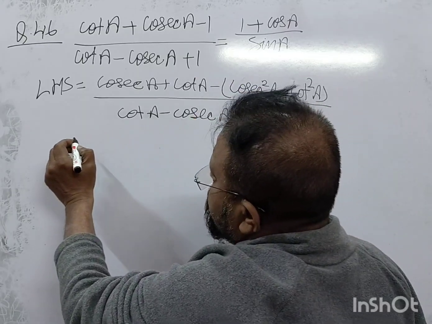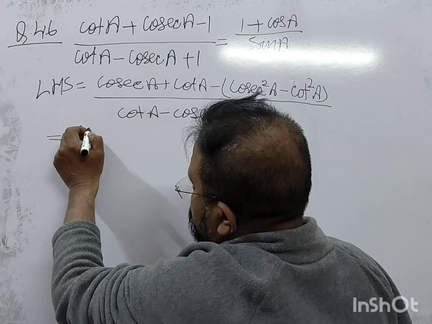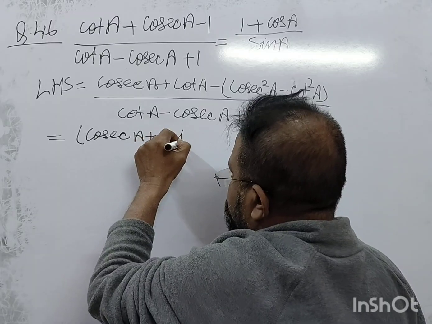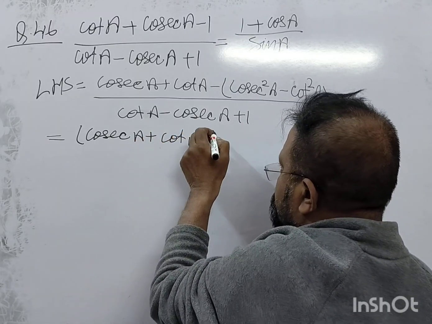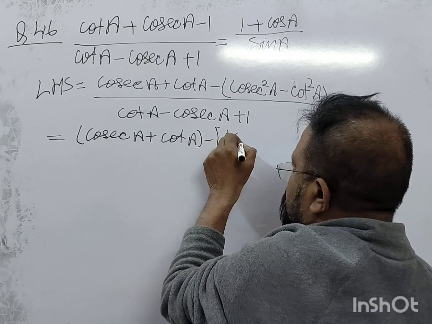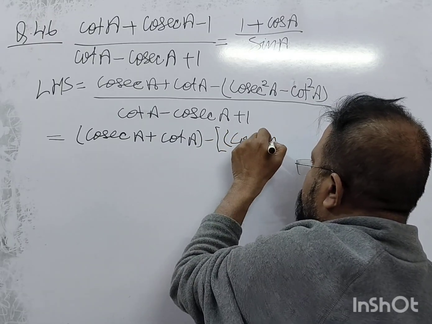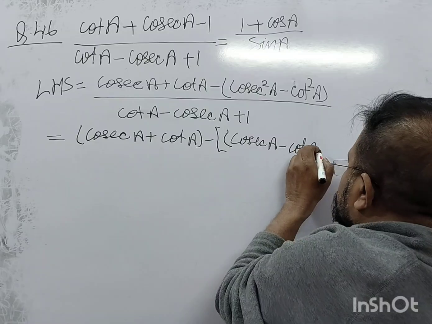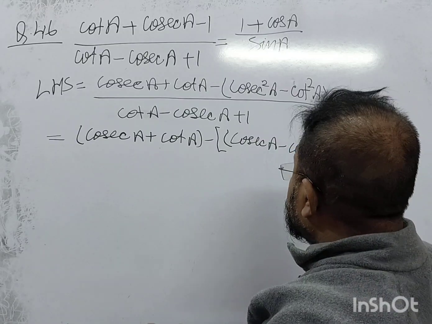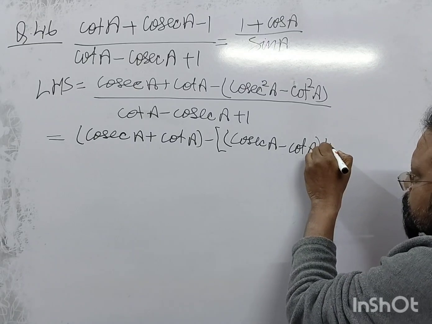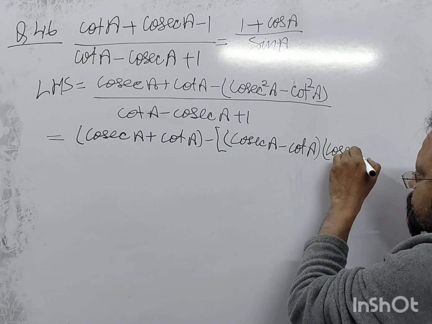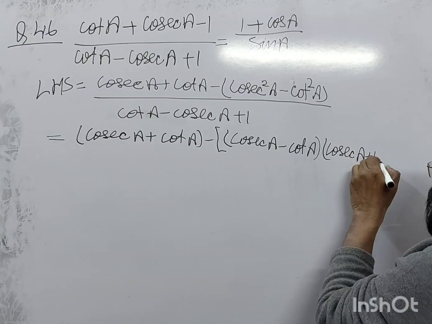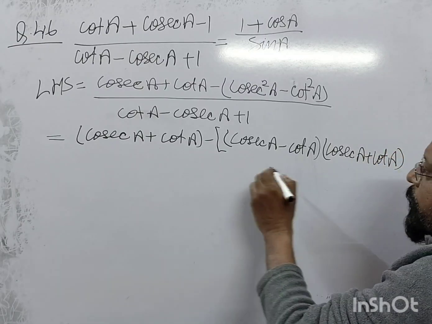Now you take difference of two squares here, so it becomes cosec A plus cot A minus bracket cosec A minus cot A plus cosec A plus cot A, right?